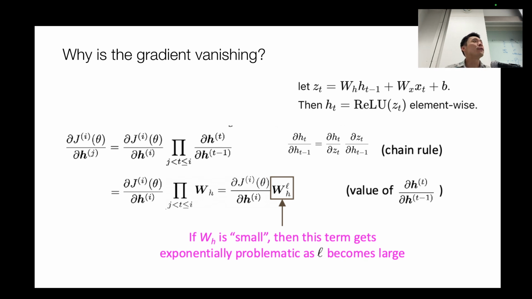So what happens if your weight is 0.1 and you raise it to the power of 100, because your sequence might be 100 long? You get 100 zeros. So the gradient for the last time step is basically 0, because you multiply whatever thing by 0.01. This is called vanishing gradient.